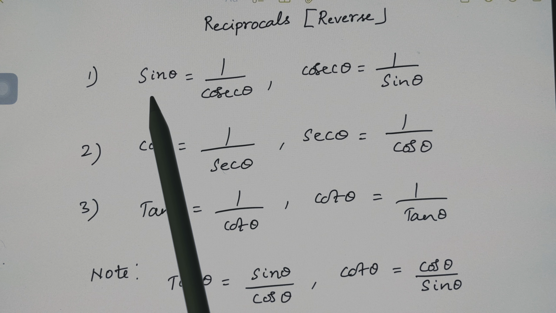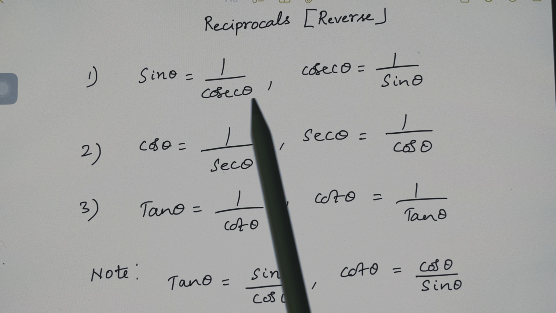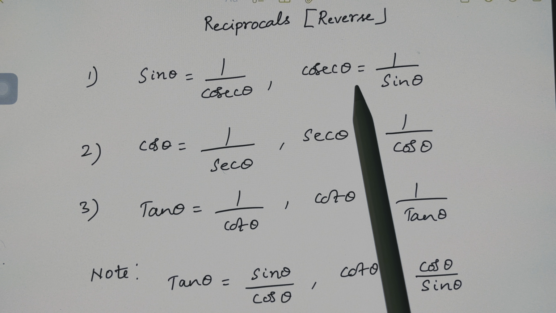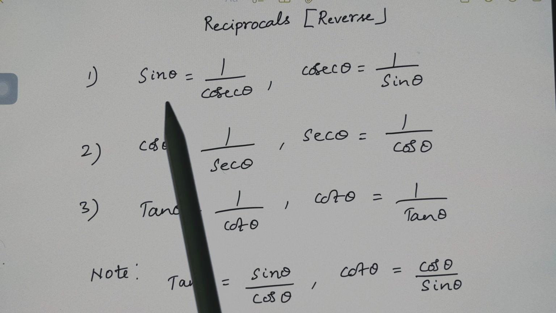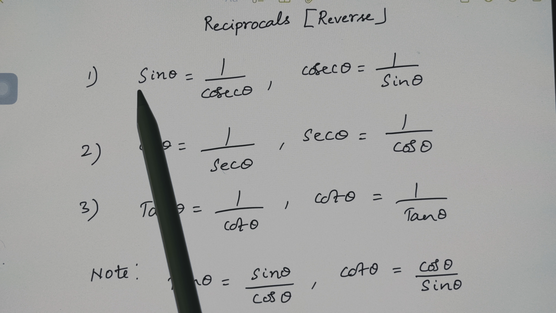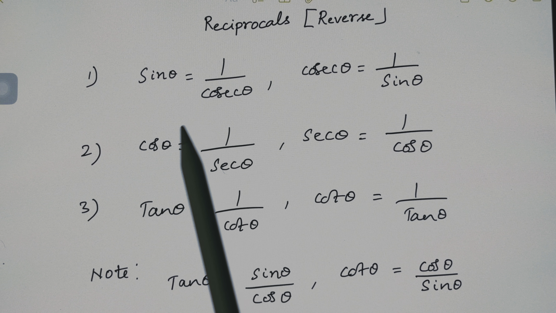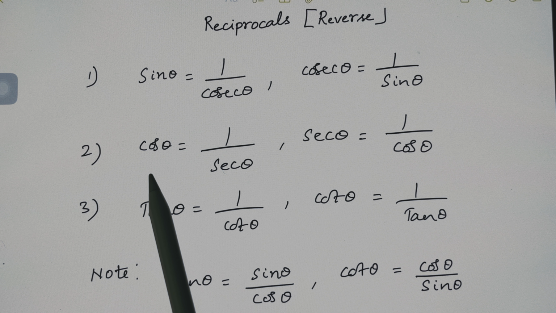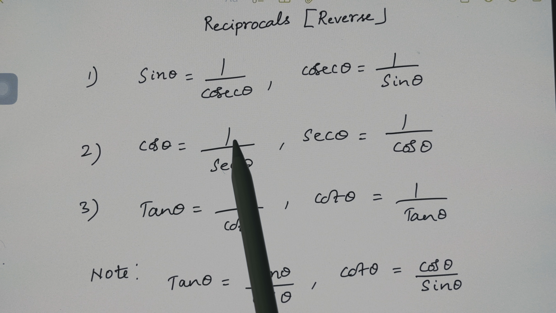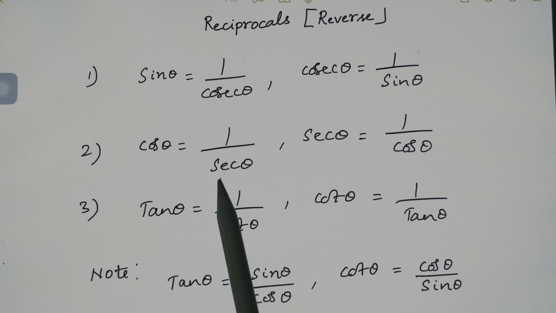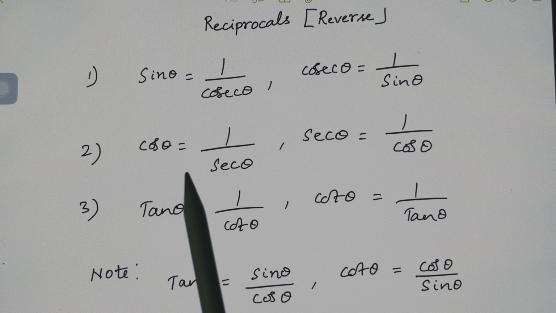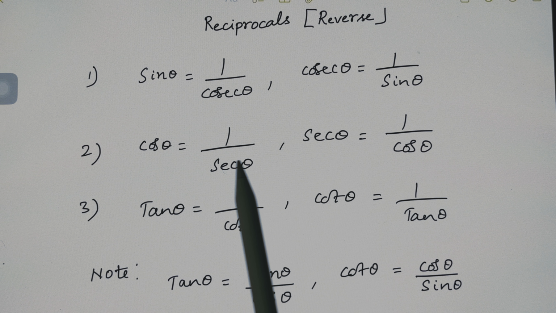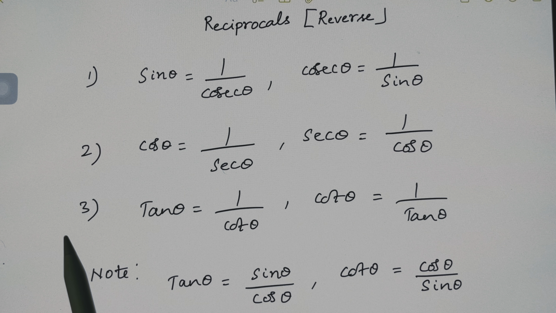So the reverse of sin theta is cosecant theta. Similarly, cosecant theta is 1 by sin theta. So this is one pair of reciprocals, sin theta and cosecant theta. Moving on to the second pair, cos theta is equal to 1 by secant theta, and secant theta is equal to 1 by cos theta. This is the second pair of reciprocals.